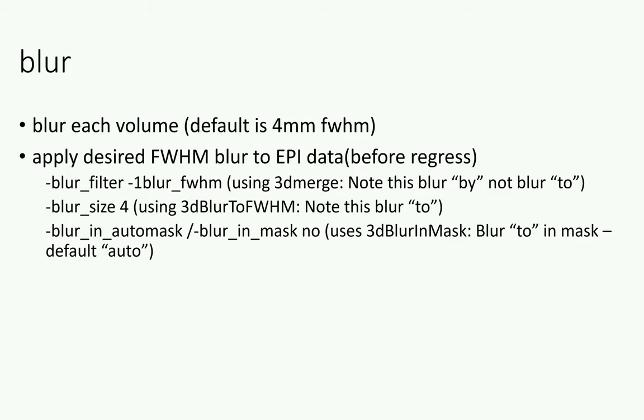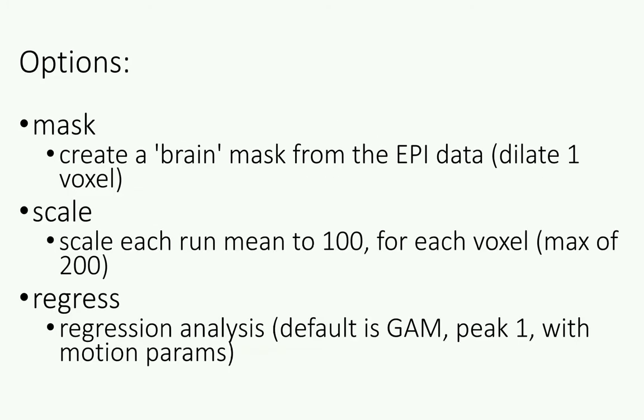You can map that through to adjacent spots a little bit better if you put some blur to it. You can either blur by an amount, like 4 millimeters, or you can blur up to a certain amount. And blurring to, you want to make sure that your blur size is more than your actual inherent blur in your data, or else you're not actually going to be doing any form of blurring. But again, we'll talk about blurring in more detail when we get to clustering.